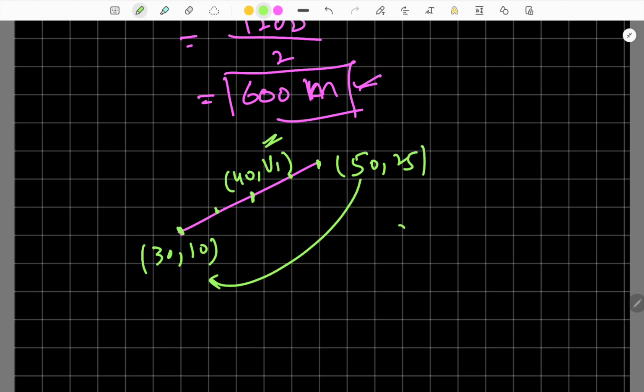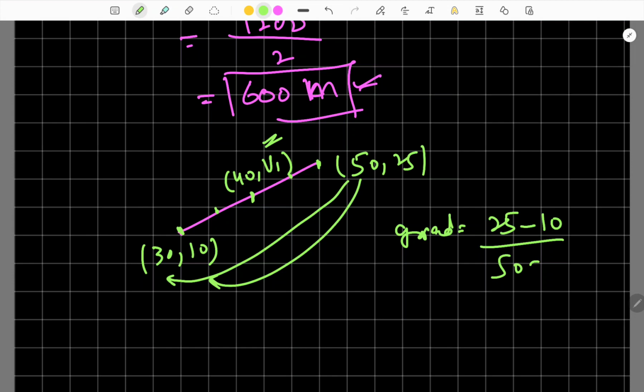इसमें कोई doubt? Please remember this concept. चलो जरा मुझे इसका gradient बताओ. Gradient क्या होगा? Again y2 minus y1, 25 minus 10 over x2 minus x1, 50 minus 30, right beta? So what is this? 25 minus 10 is 15 over 50 minus 30 which is 20, right? So 5 times 3 is 15, 5 times 4 is 20.